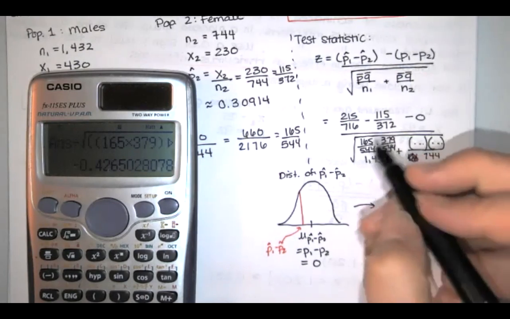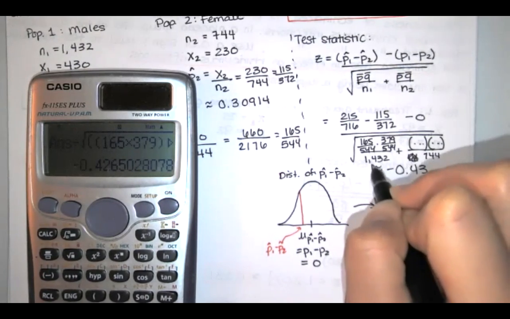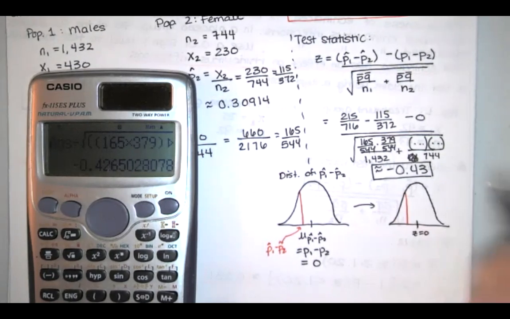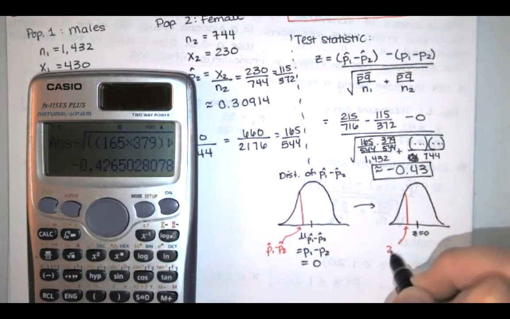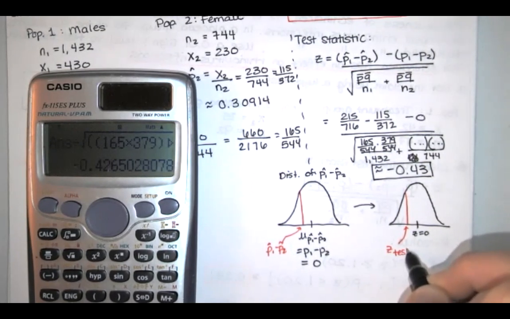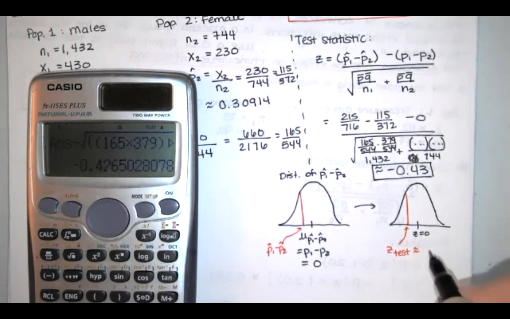And we get a z-score of approximately negative 0.43. So that's telling us that this P1 hat minus P2 hat is approximately 0.43 standard deviations below the mean, provided that that mean is equal to 0 over here.